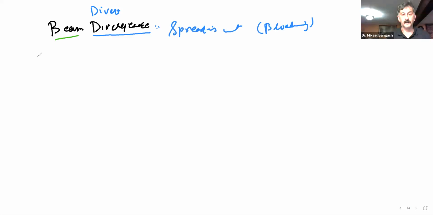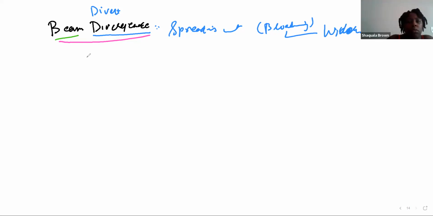And where does this occur? Where is it that the beam diverges, or actually broadens out, because it will become wider? The far zone. Far zone.